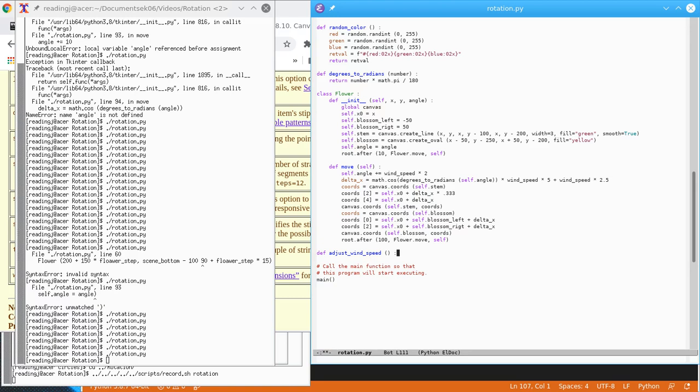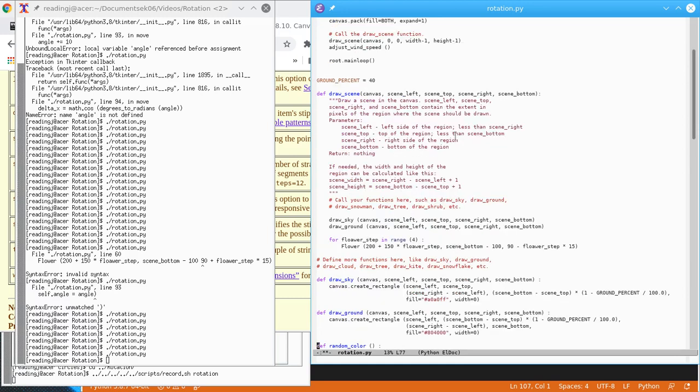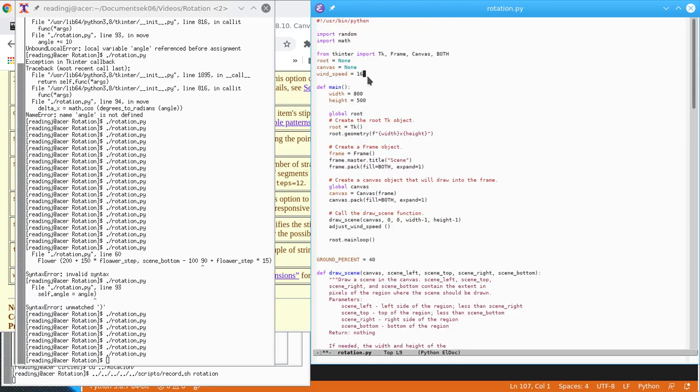Oops, I forgot the colon there. So if wind speed, I need another global variable, which is why I might want an object, but we'll just put it here. Okay, wind increasing equals true.